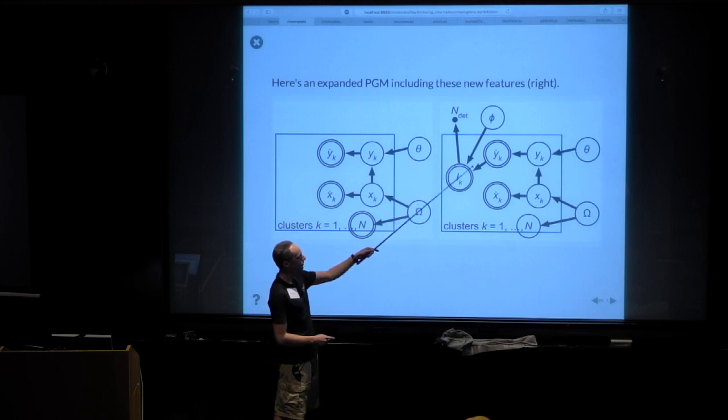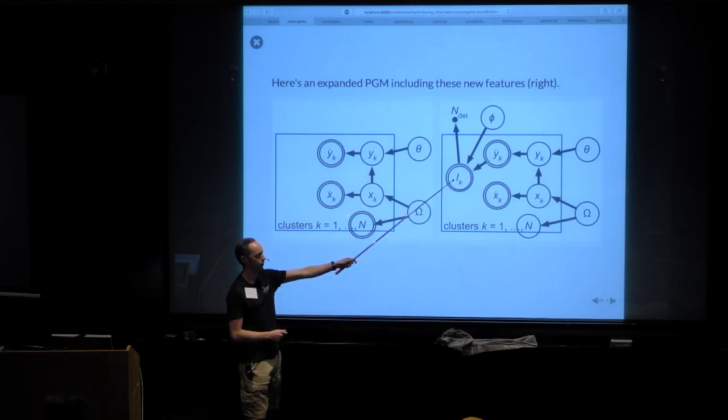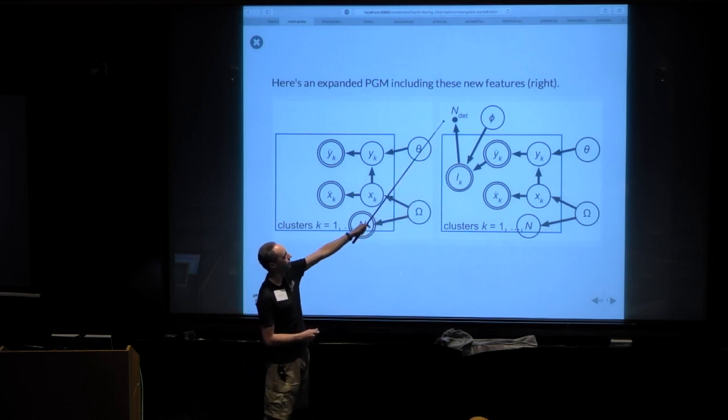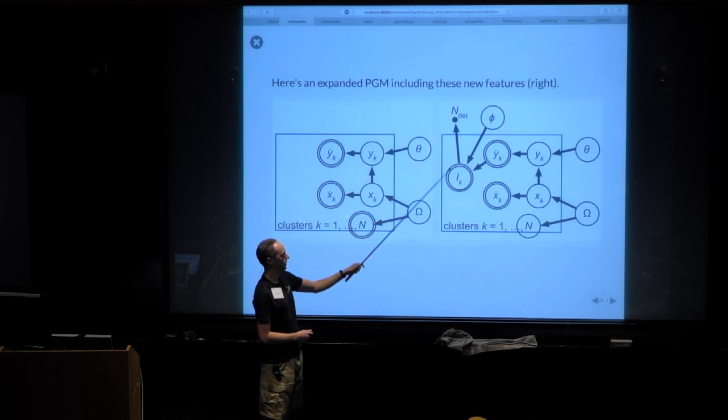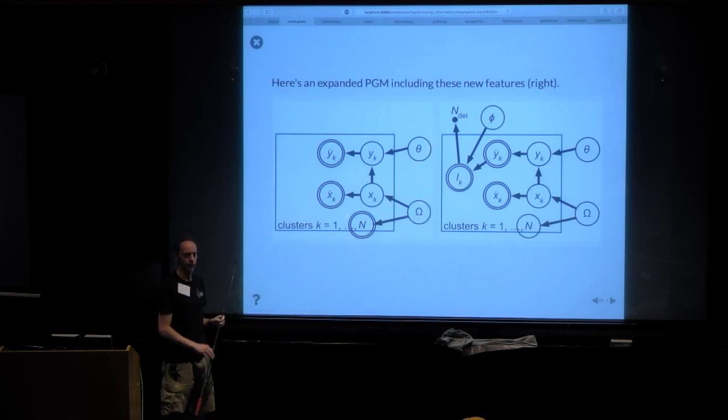So those things combined with the measured or potentially measured value of y determine whether something is detected, which is this guy, 1 or 0. And then just for completeness, ndet I've put up here, that would be the number of I_k that are 1. Any questions about the picture?